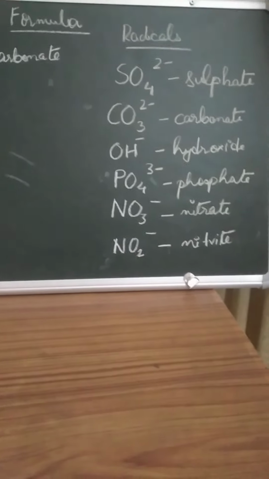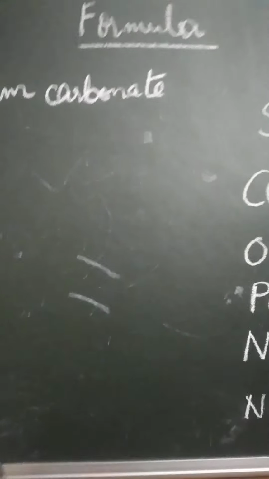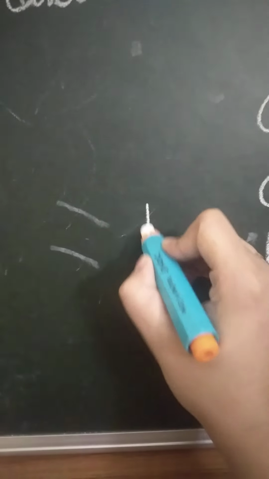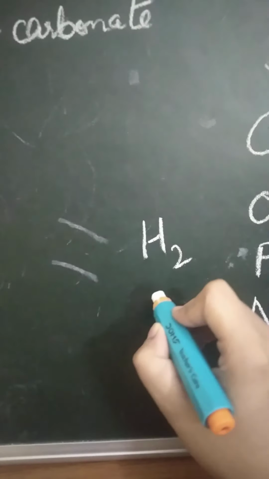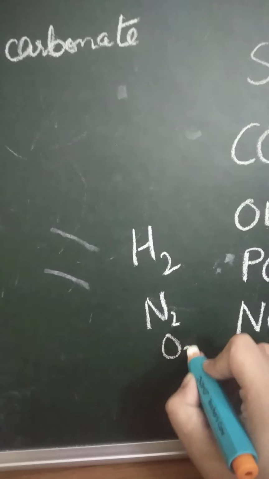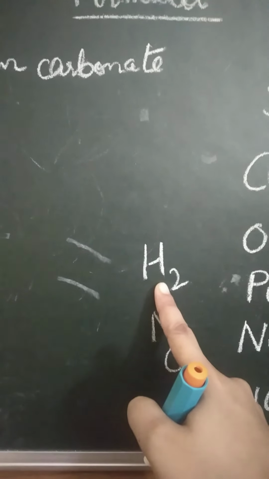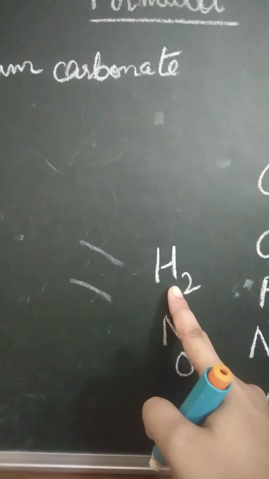Okay? Now before going to the formula of a molecular compound, as I just said, homoatomic molecule and heteroatomic molecule. Say for example, I am writing on the slide hydrogen, nitrogen, and here notice oxygen. Now this particular hydrogen H2, it is a molecule. Why do I say molecule?